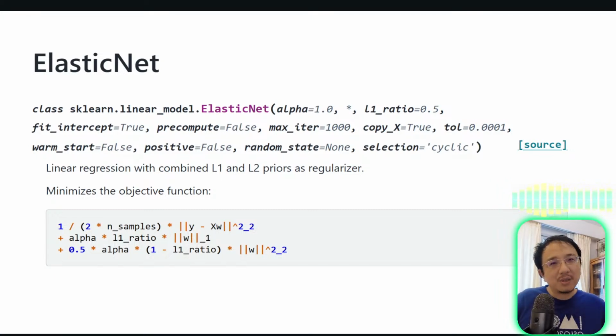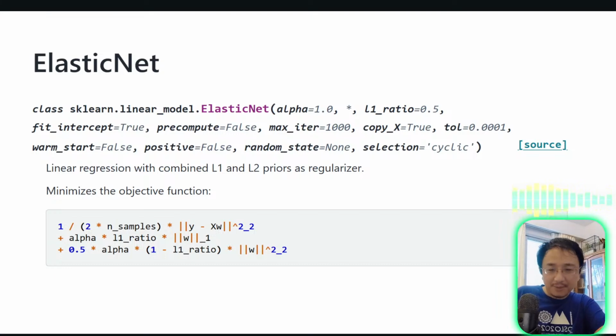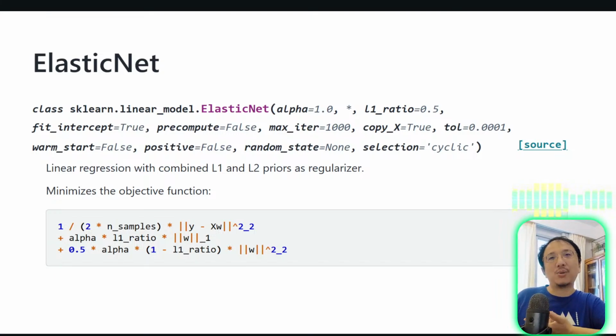And if you want to use both L1 and L2 together, it is called an elastic net. I know there's no reason, no pattern at all, but it's just called an elastic net for historical reasons. So you can just use the name. I think it's perfectly fine if you say that I use linear regression with L1 and L2 regularizer. That's totally fine. But you can also say the elastic net.